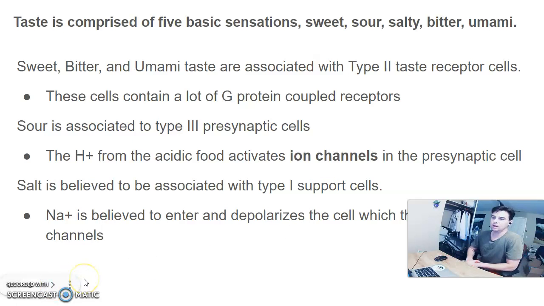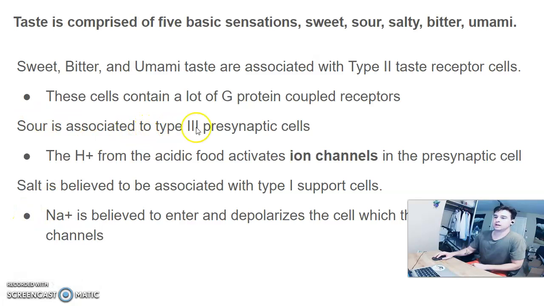To dive in a little bit more, taste is comprised of five basic sensations. You have sweet, sour, bitter, salty, and umami, which is just savory. Sweet, bitter, and umami tastes are associated with type 2 receptor cells, and these cells in particular contain a lot of G protein coupled receptors.